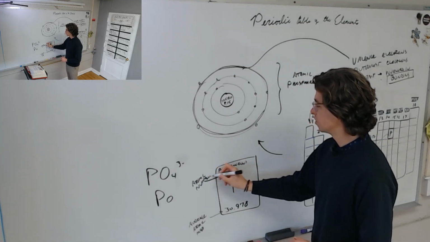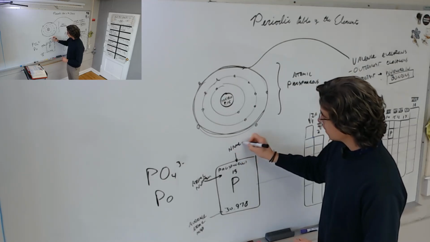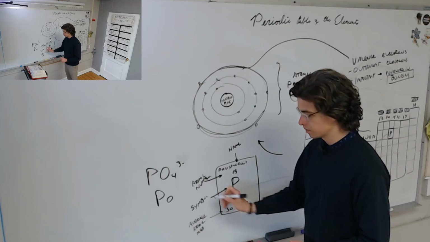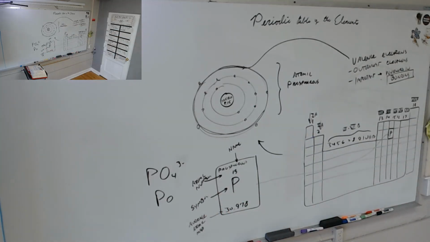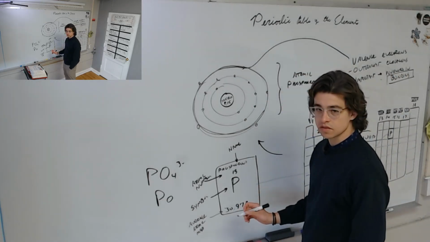I probably should be labeling these two things too, but what's this one called? Yeah, the element name, and this one is called the symbol. Depending on the periodic table, the one up here also tells its electron configuration. Well, let's just review. What's the electron configuration for phosphorus?